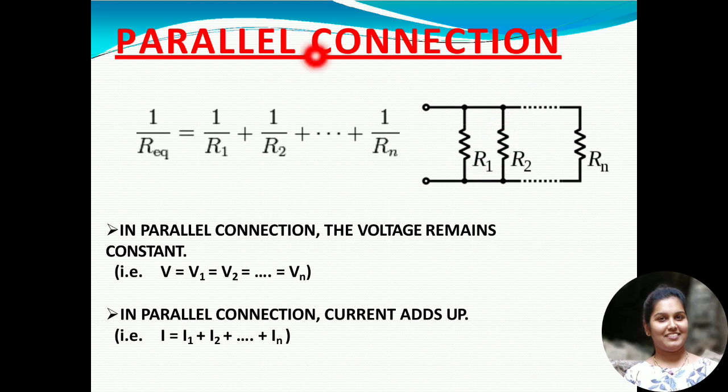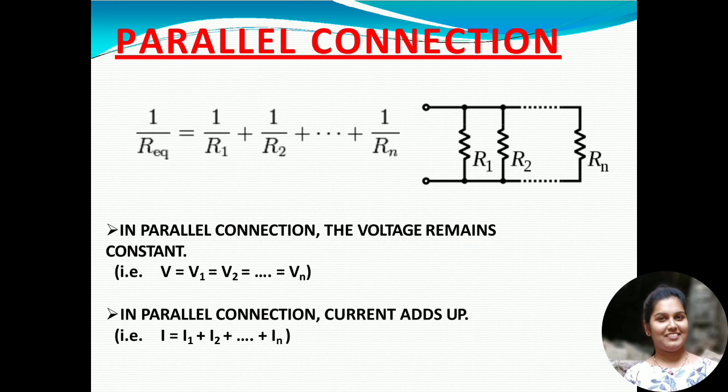In parallel connection, the expression for the equivalent resistance is given by 1 by R equivalent is equal to 1 by R1 plus 1 by R2 up to 1 by Rn. In parallel combination, the voltage remains constant. That is, the same voltage drop can be observed across all the resistors, whereas the currents add up. The reverse case happens here compared to series.